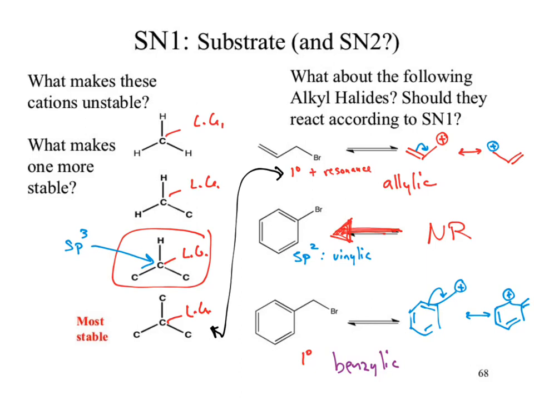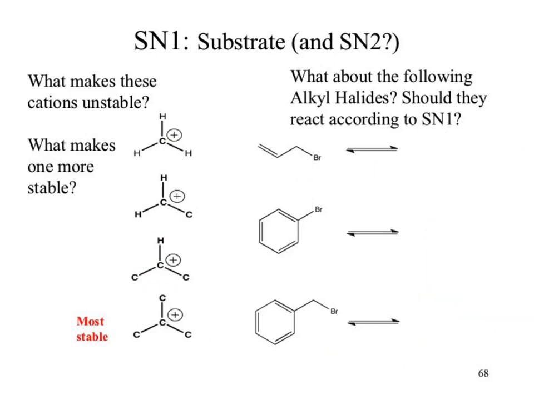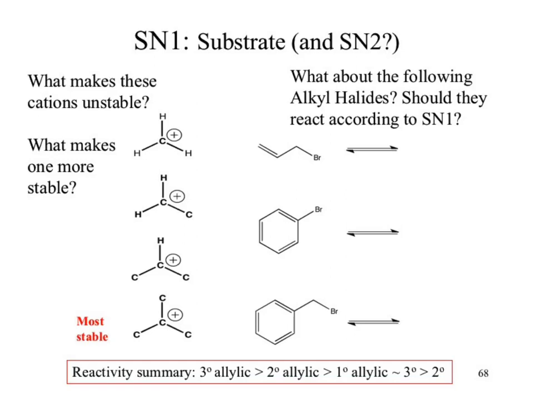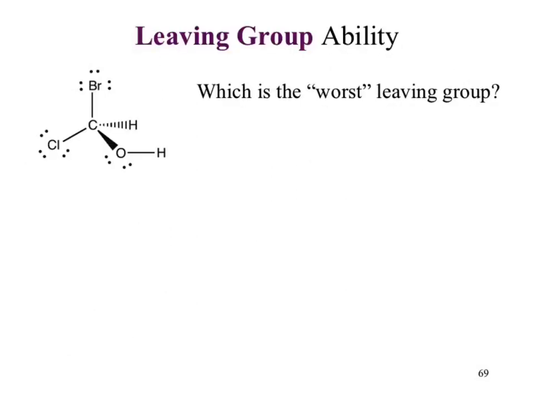So allylic and benzylic can be referenced. Ultimately, all we're saying is that those have resonance. Does resonance matter? Yes, it is huge. You need to always be considering resonance when we think about stability. So reactivity summary: tertiary plus resonance, better than secondary plus resonance, all that fun stuff.